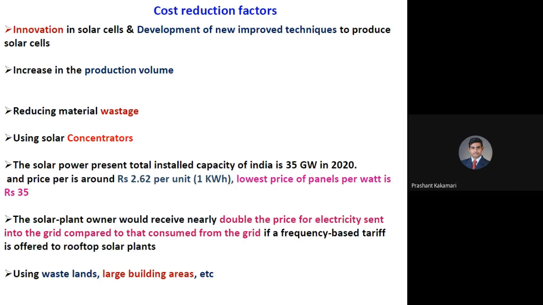Even though silicon was comparatively low cost, keeping in mind the production technologies and techniques we use for single crystal or multi crystal silicon cells, to reduce that production cost also we need to come up with new innovative ideas. So we need to focus on the production technology as well as the material cost. Both are going to affect.